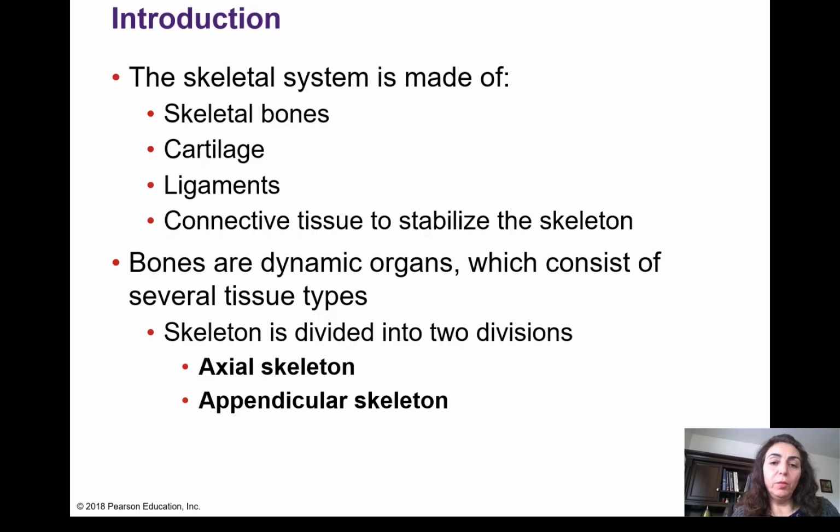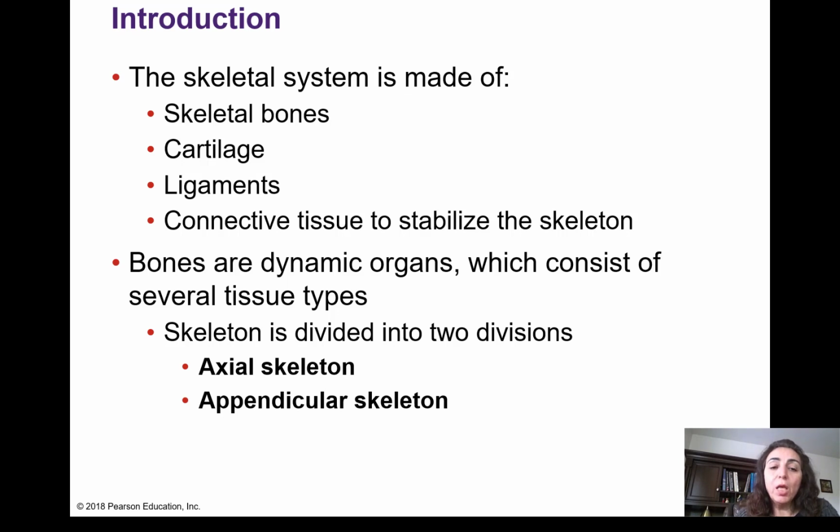So that's chapter 5 of the book Martini, and just as an introduction, the skeletal system is made of skeletal bones and also the cartilages, ligaments and connective tissue that all help to connect the bones together and stabilize the skeleton.